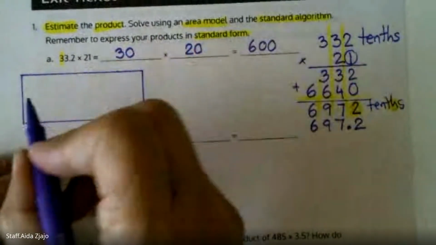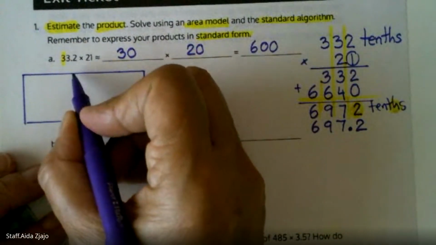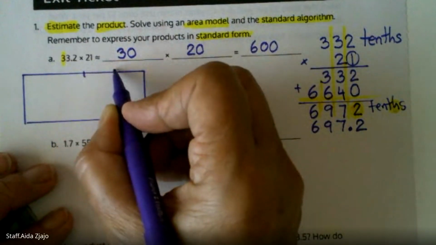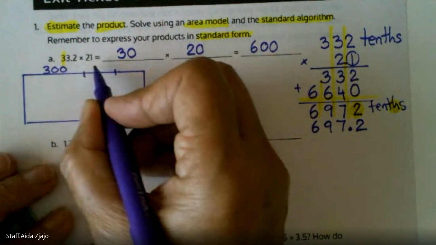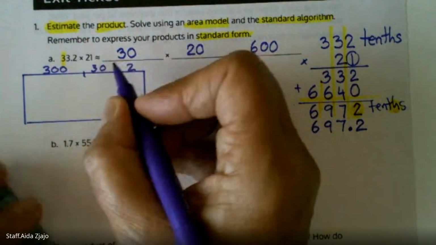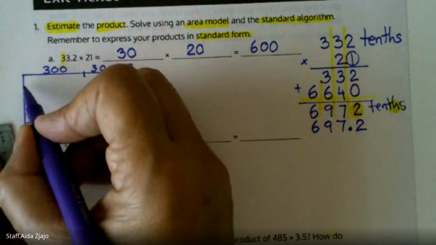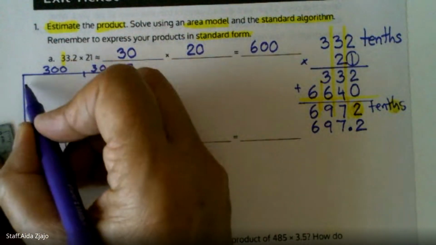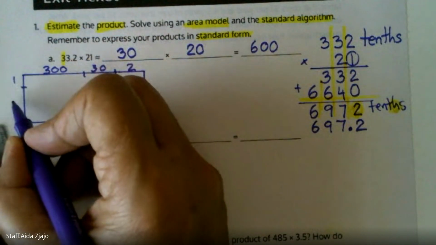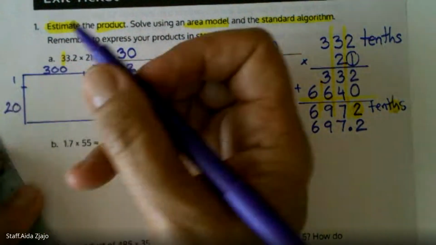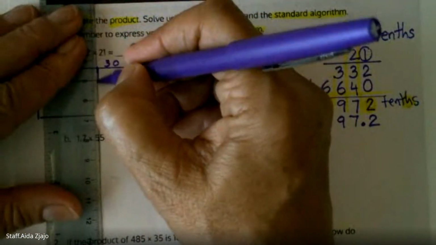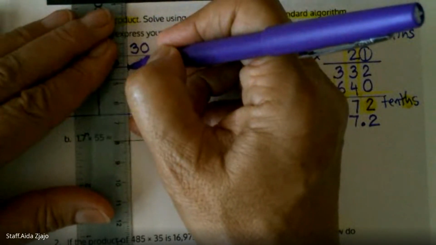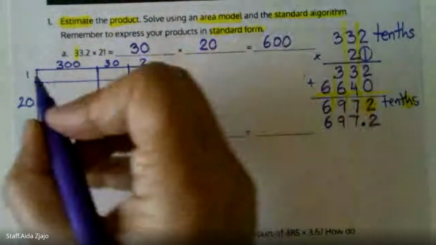I'm going to make this into 3 parts, 332, and over here is 20 and 1. Okay, 1 and 20, not 2. All right. If you do that and you're comfortable with area, it's okay.